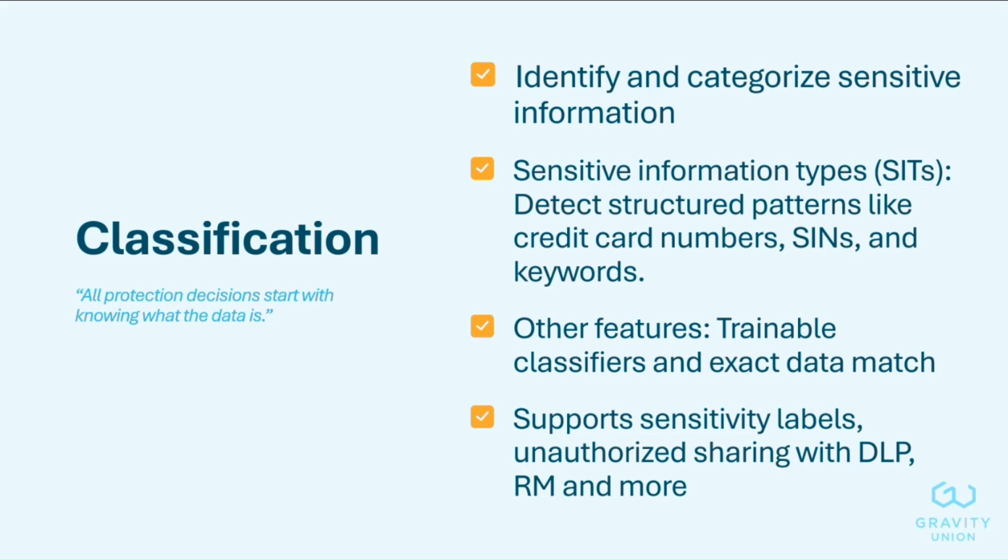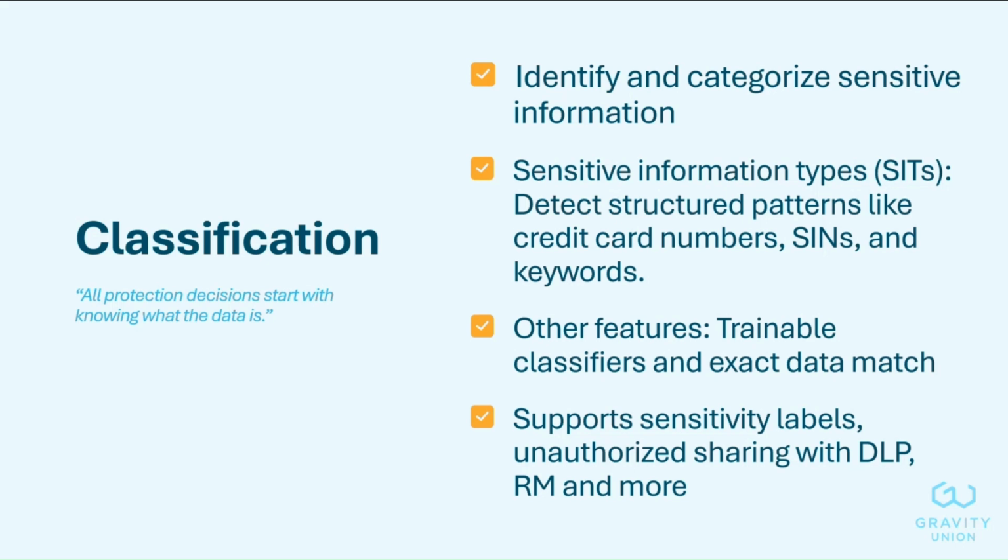So it's helping us find sensitive information by looking for patterns in your data, things like credit card numbers, SIN numbers. It could be employee IDs. You can add your own sensitive information types if you have certain patterns that your organization uses. Sometimes banks and lenders will have customer numbers or loan application numbers, things like that. And it can also be based on keywords as well.